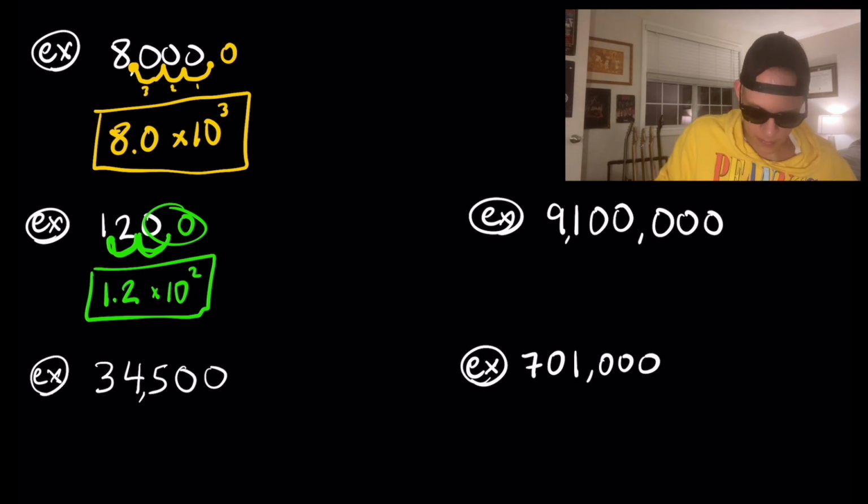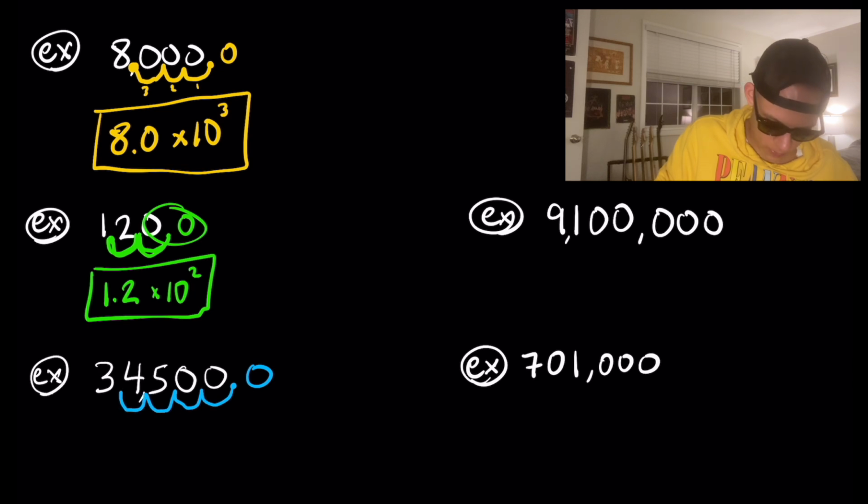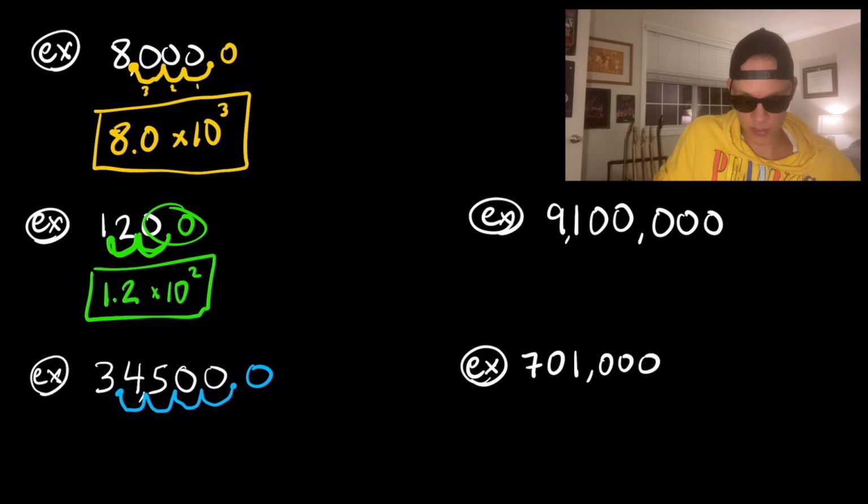All right, next one. Again, find the decimal, which is going to be over here. Maybe I'll stick a 0 to the right. And I'm going to move my decimal to the left until I have a number that's between 1 and 10. So we'll go 1, 2, 3, 4. There, I have 3.45000, or 3.45, we can just call it.